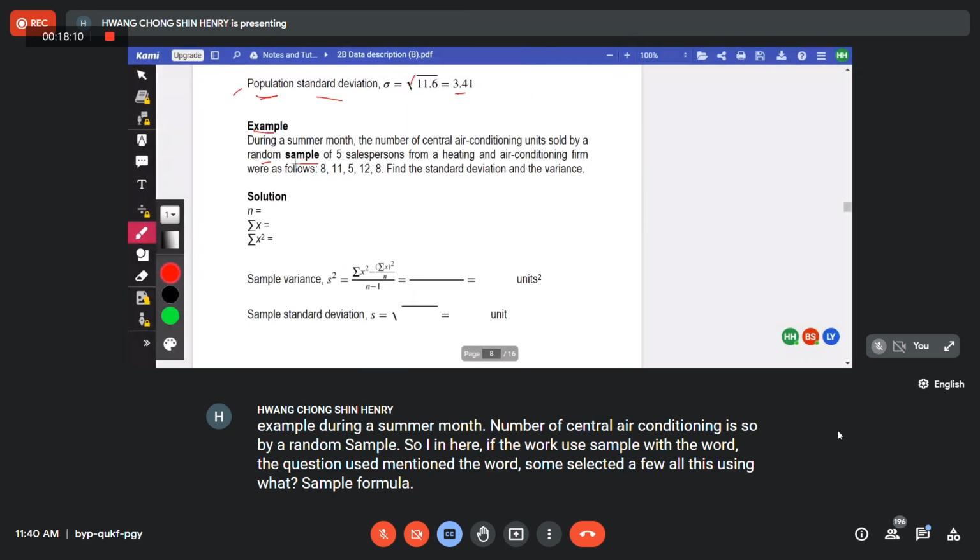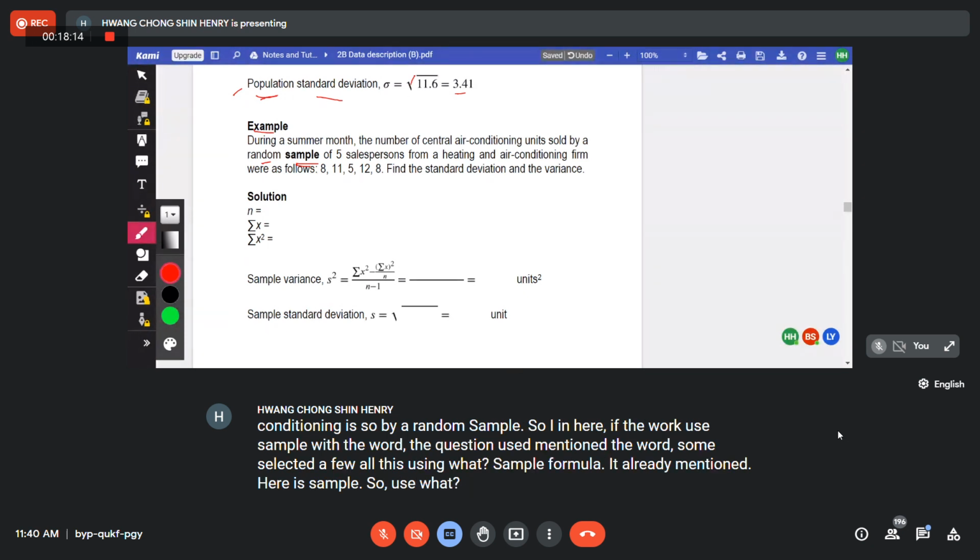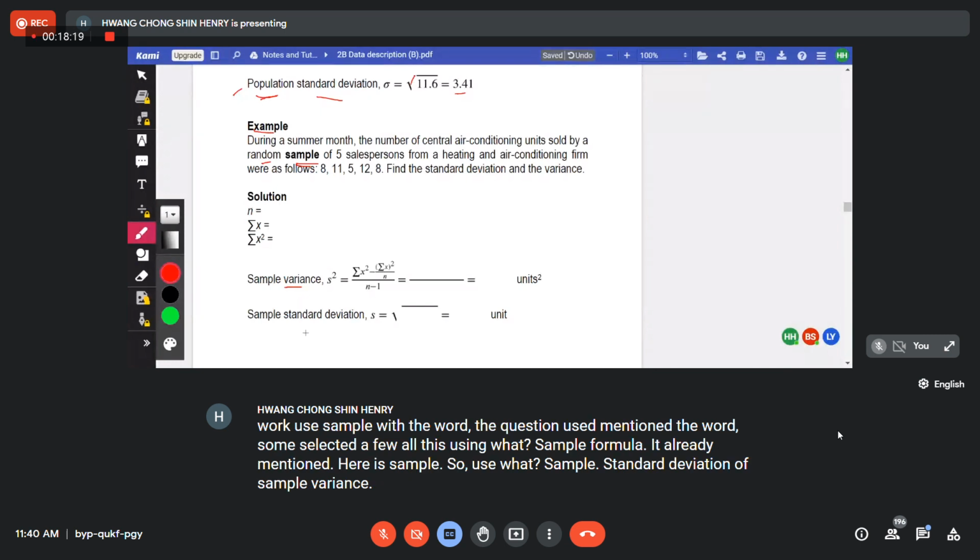You already mentioned here sample, so use sample standard deviation or sample variance. If you use population, minus marks. Everybody okay?